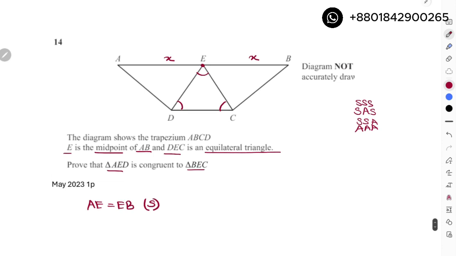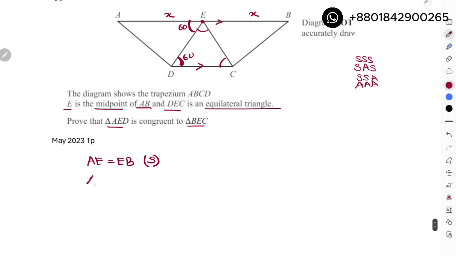And then again, I can see these two lines are parallel, right? If these lines are parallel, then this angle and this angle are going to be similar, right? According to the alternate angle theorem, this creates a Z. So angle AED, and again this is 60, so this is 60, right? So I can say that angle AED is equal to angle EDC, that's 60 degrees, because of alternate angles.